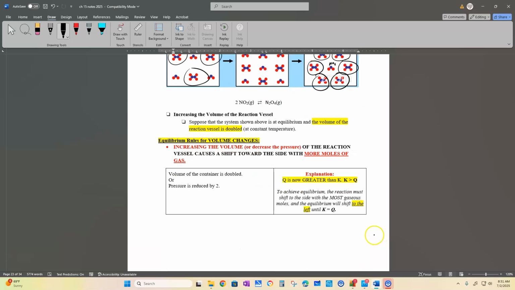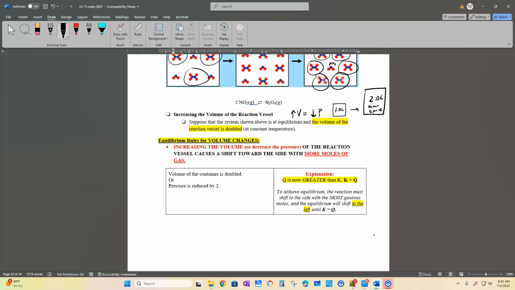What if I increase the volume? Okay? Well, according to Boyle's law, volume goes up, pressure goes down. Which means I went from maybe a 1 liter container to a 2 liter container. I now have more space for those gases to move around.